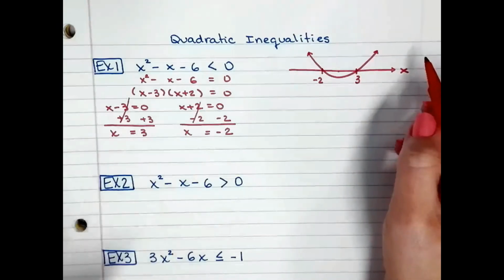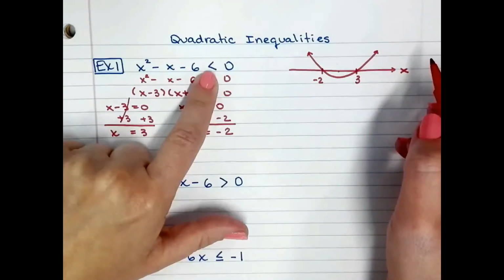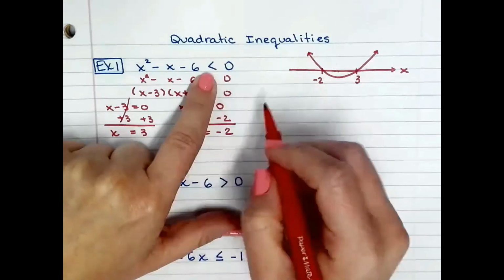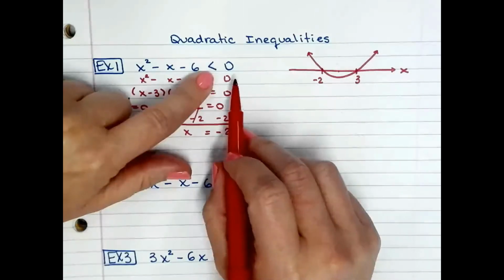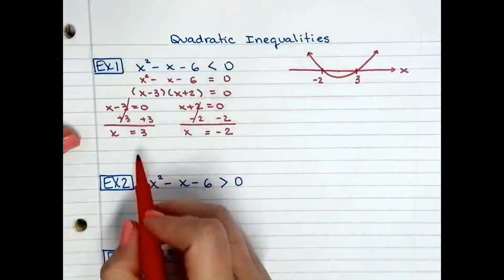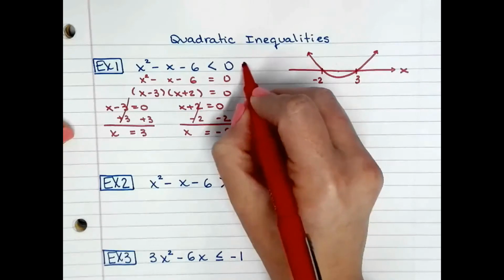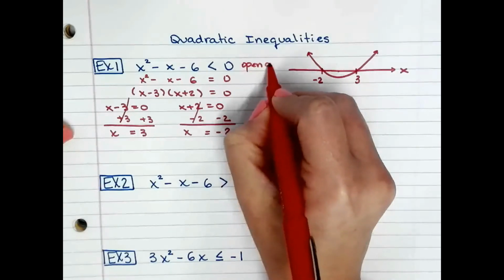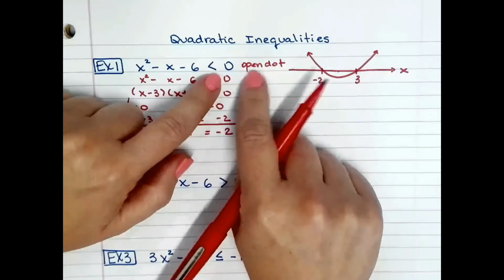All right, now, going back to when we first did inequalities, that less than sign is telling me that it should be an open dot if I were to graph just a single variable. So I'm going to write it out. Open dot. That means the answer does not include the number.